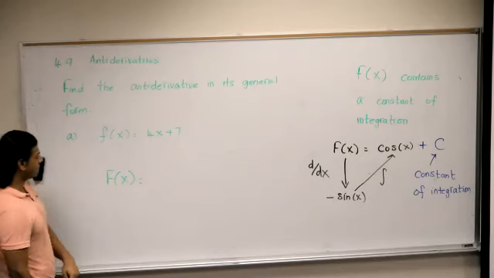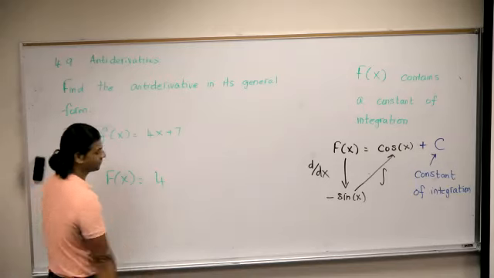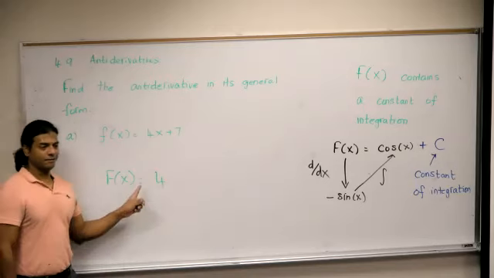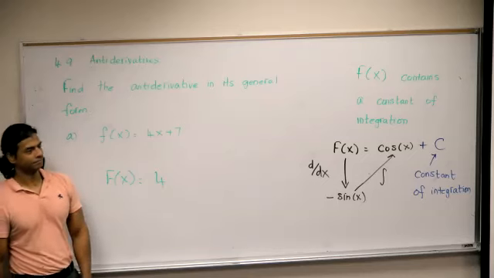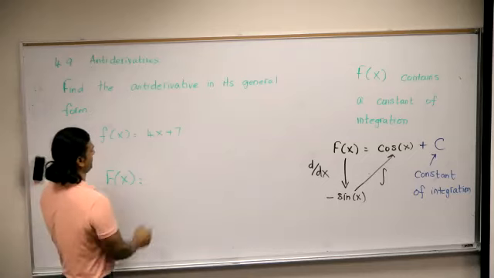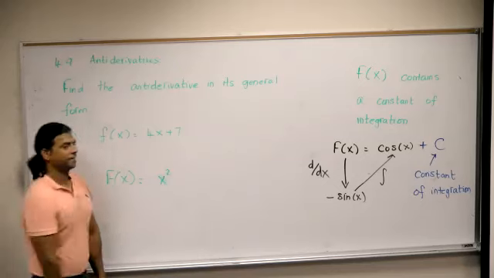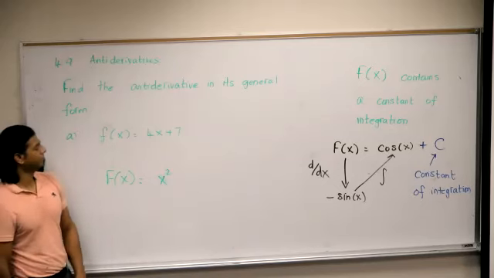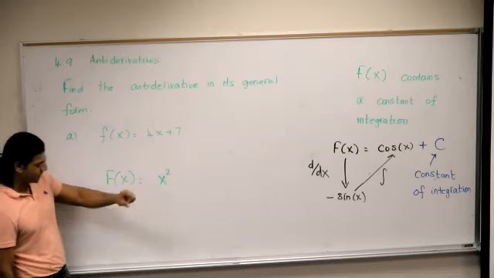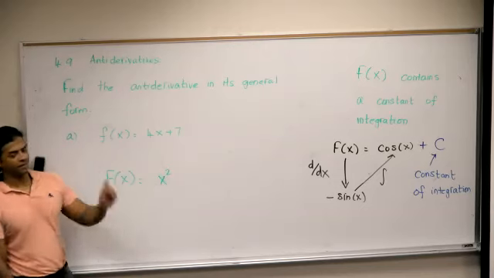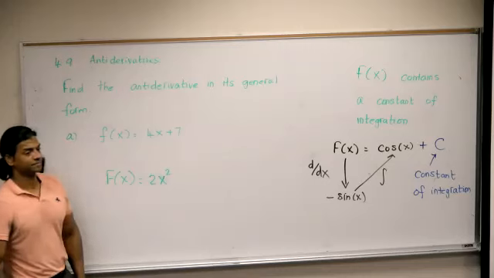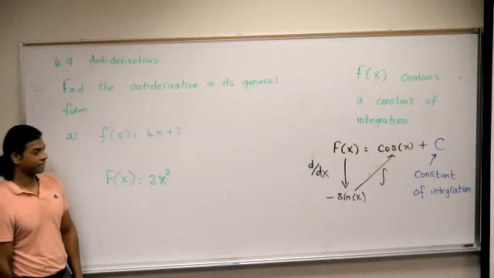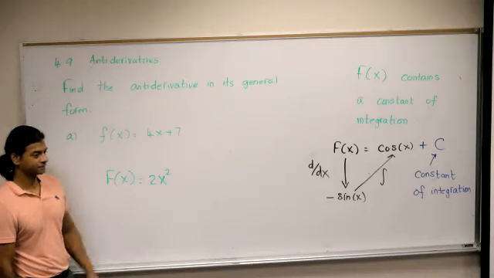Let's see, I'm going to start with 4. If I took the derivative of 4, will I get that function? No. Okay. x squared? No, because the derivative of x squared is 2x. 2x squared. Wait, so is capital F supposed to be the derivative? It's the answer. Antiderivative.